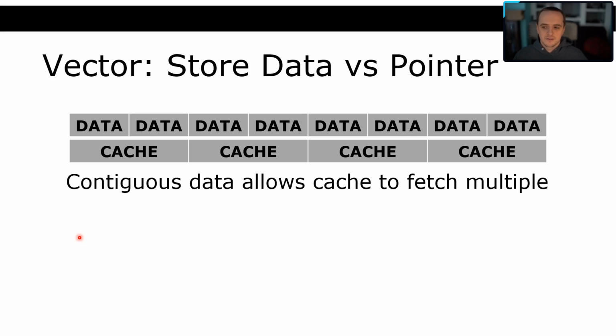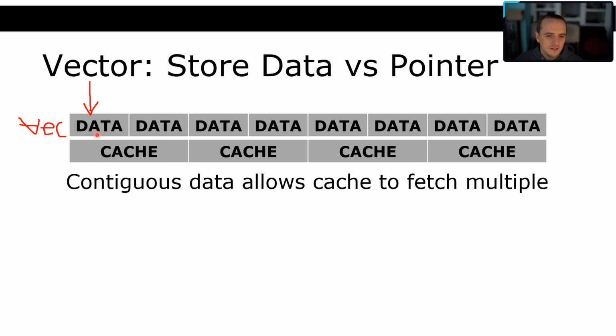So let's say we have some data, and our data is larger than a pointer, for example. Here we have the size of a cache hit right here. So whenever we look up this data in an array, this is going to be a vector of raw data. Whenever we look up the first bit of data, this is the cache size.